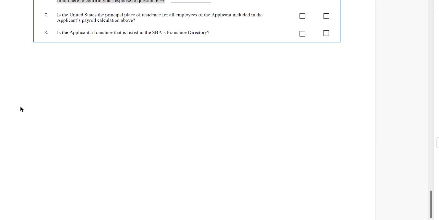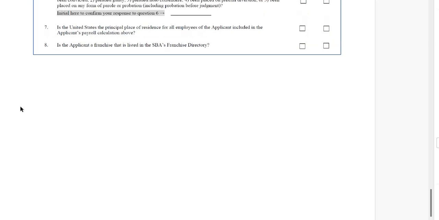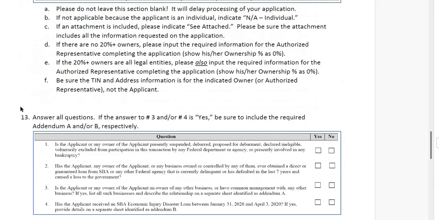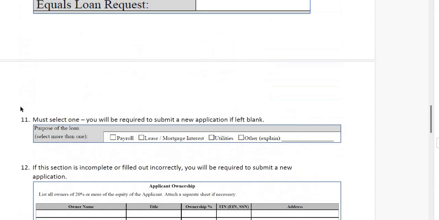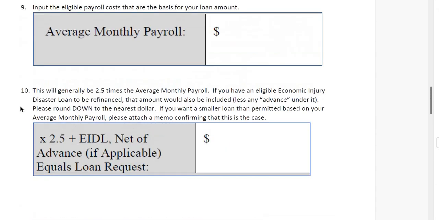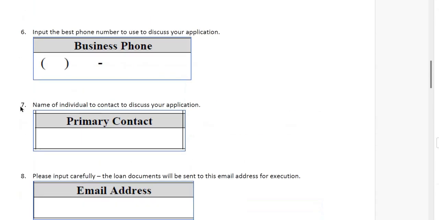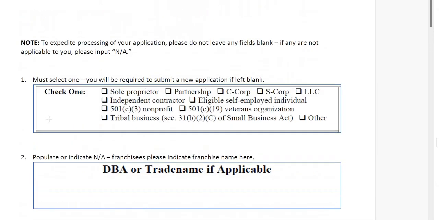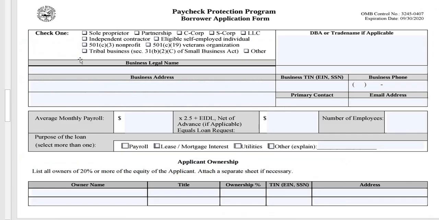And that is the extent of the SBA guide with instructions to completing the 2483 application form for first draw loans. You can see nowhere here does it explain in any manner whatsoever or reference the number of employees box that is contained here on the 2483 application form.